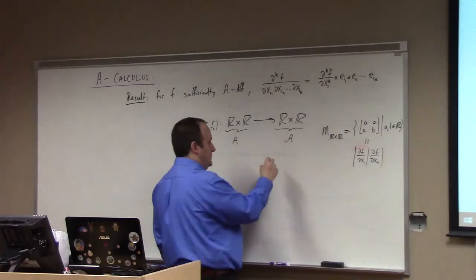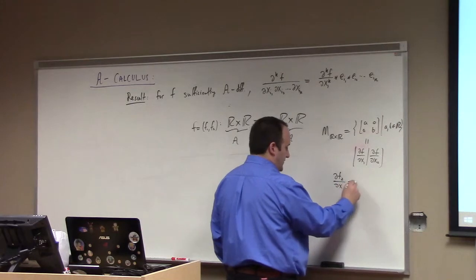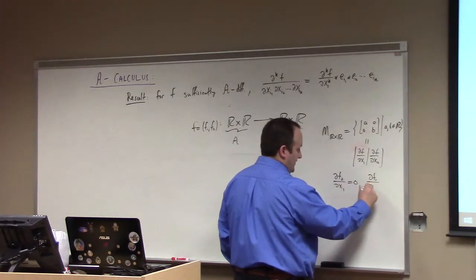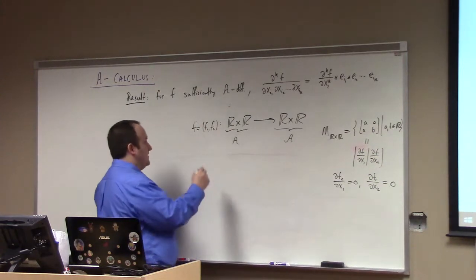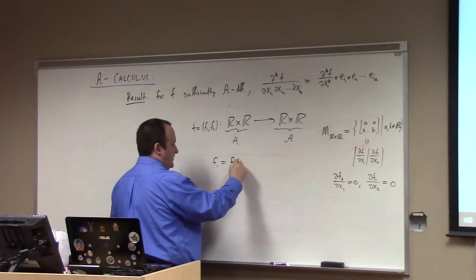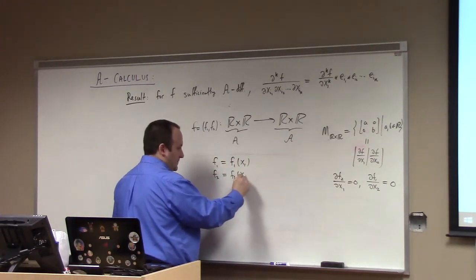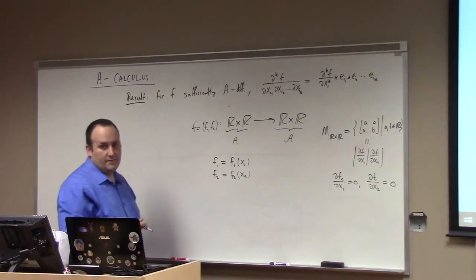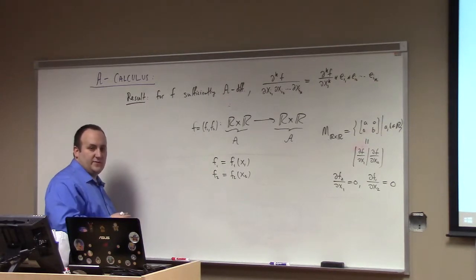That says that partial f2, partial x1 is 0, and it says that partial f1, partial x2 is 0, which means that f1 is just equal to f1 of x1, if you allow me that abusive notation, and f2 is just f2 of x2.